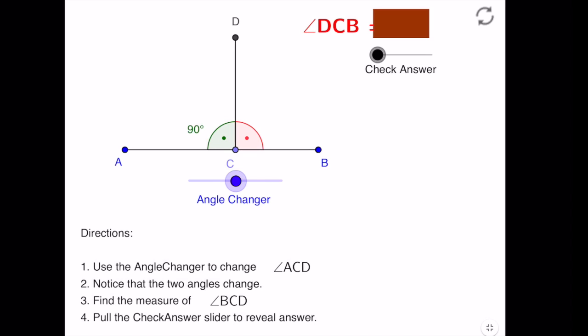And we know that with 90 on angle ACD, the supplementary angle, which would be the one on the right side, BCD, must be 90 degrees. So what is the supplementary angle to 90 degrees in a straight line? It would be 90, because added together they must come to a total of 180 degrees. Okay, so supplementary is always tied to 180. Complementary is always tied to a right angle, or 90 degrees.